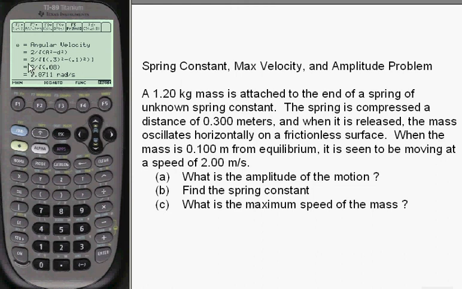This is angular velocity, this omega sign here, W. And then we find the spring constant by using this Hooke's law formula here. And it turns out to be 60 newtons per meter. V max is always the angular velocity times the amplitude, etc.